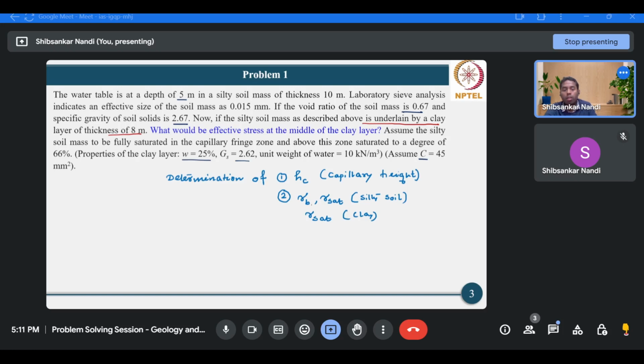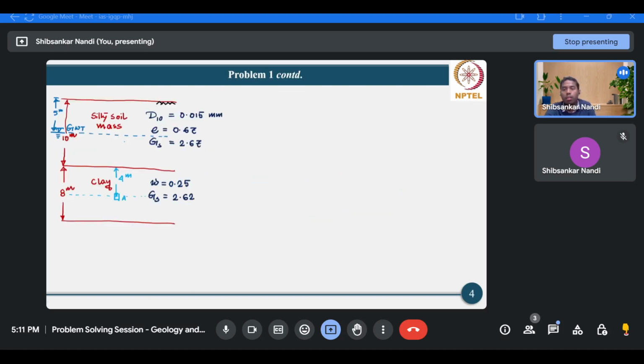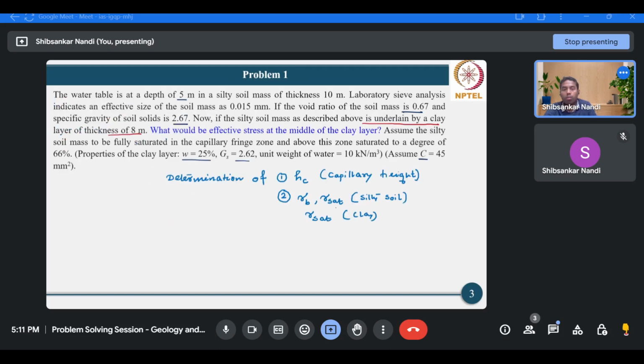No need to calculate the gamma bulk. But in case of silty soil mass, half of the soil mass is under full saturation, and then above the groundwater table some part of the soil mass will be under full saturation, and the remaining portion will be under partial saturation condition. That's why we need to calculate the gamma bulk.